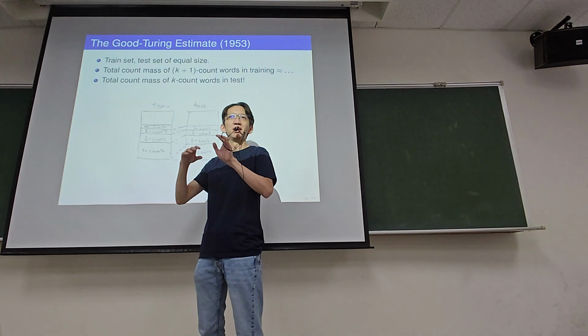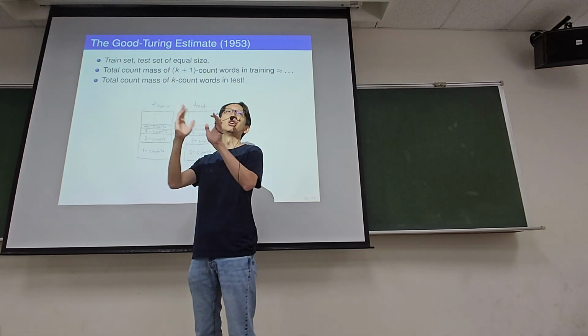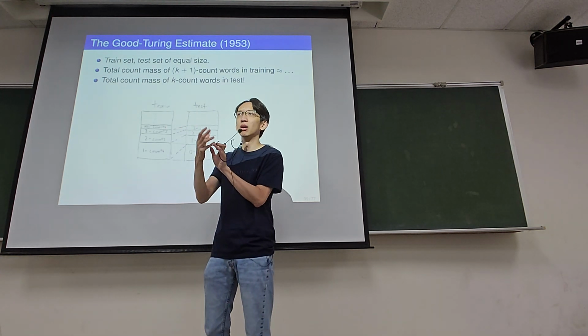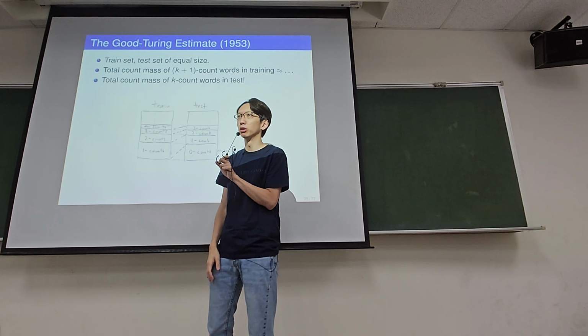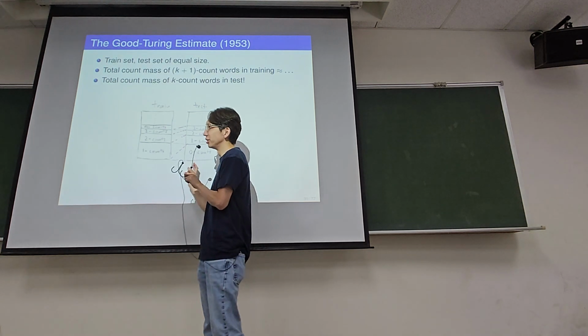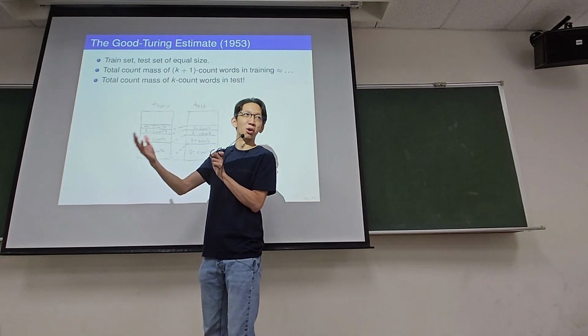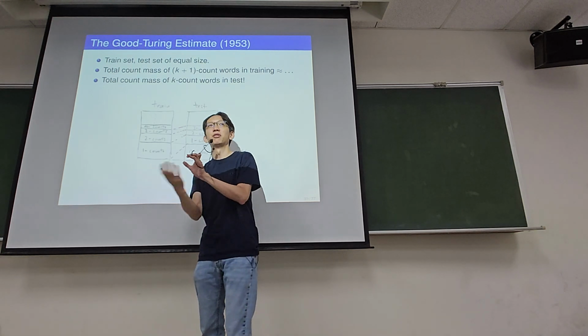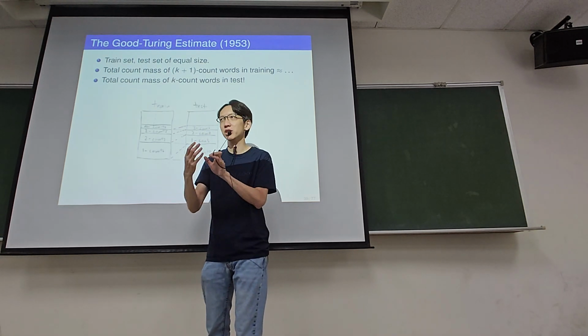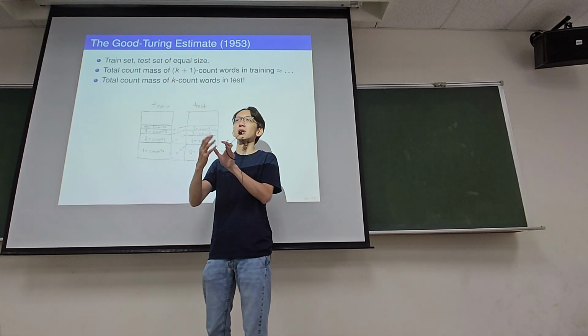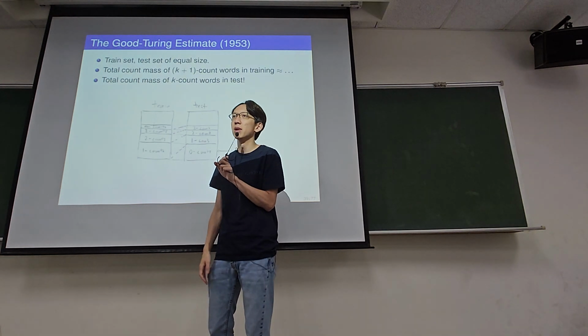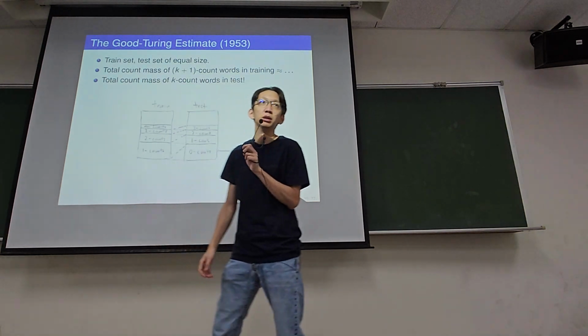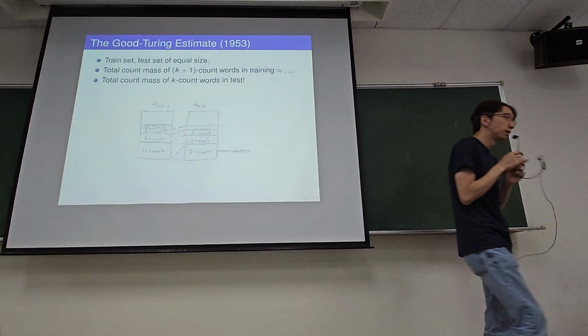If you are high counts, share among yourself. That's how they get rid of this 0 count problem. So there's no longer taking from the rich to give to the poor, because you're basically shuffling among the poor and shuffling among the rich. So you don't change the overall shape of the probability mass distribution that much. So it's one way, which we call the Good-Turing estimate.